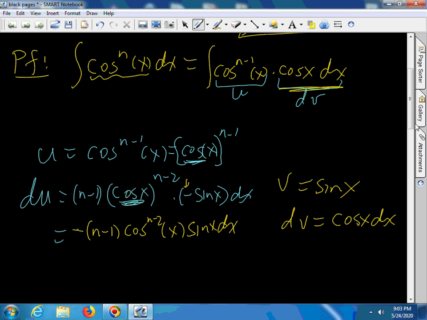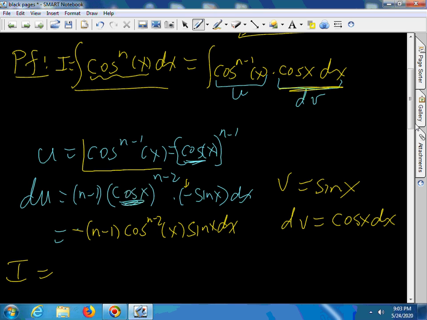I'm going to call this top integral I, the one that we're trying to get the reduction formula for. This way I don't have to keep writing down the integral, which is somewhat boring and unnecessary. So I is equal to u times v.